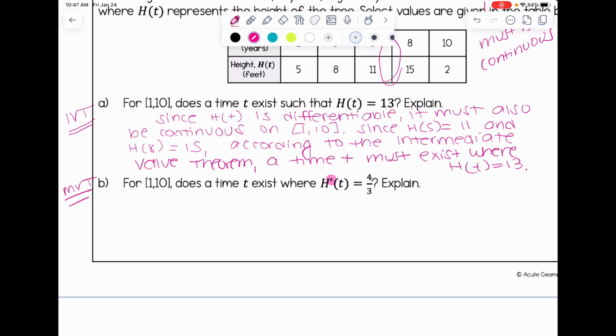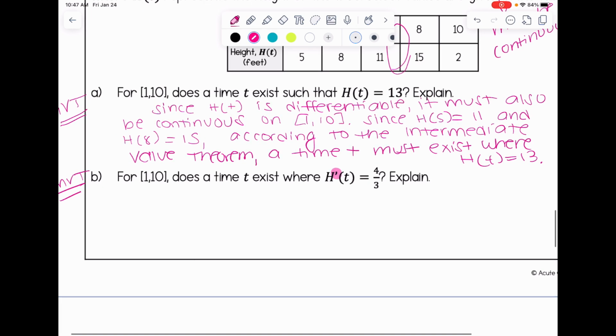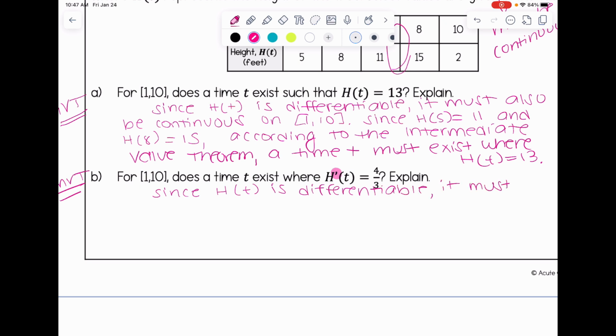So let's start by just talking about those requirements of the mean value theorem. I'm going to repeat some of the stuff from part A. So I'm going to say since h of t is differentiable, it must also be continuous on 1 to 10.